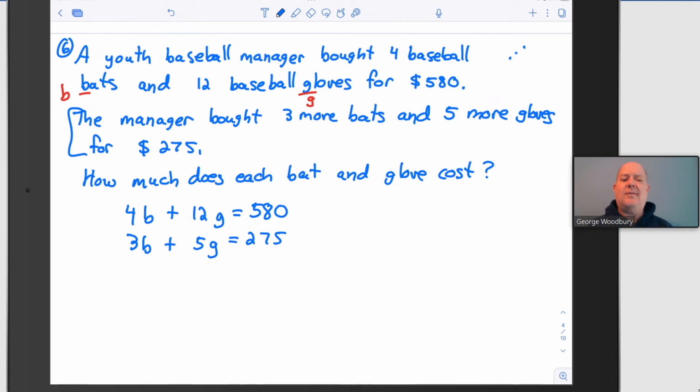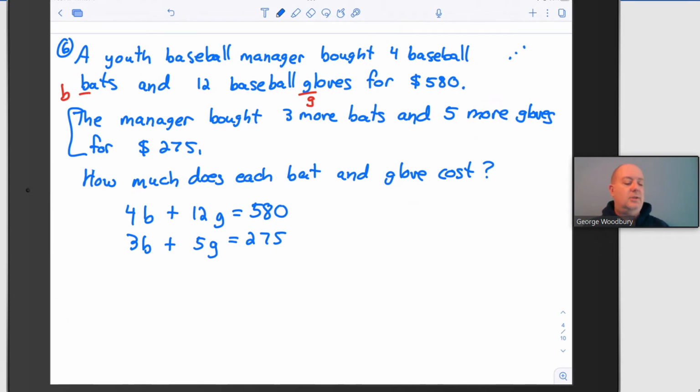Notice I don't have a positive coefficient and a negative coefficient for one of the variables, so that doesn't impact my approach. 3 doesn't divide into 4 evenly, 5 doesn't divide into 12 evenly, so I know I have to multiply both equations, but I would rather try to eliminate the variable whose coefficients are smaller.